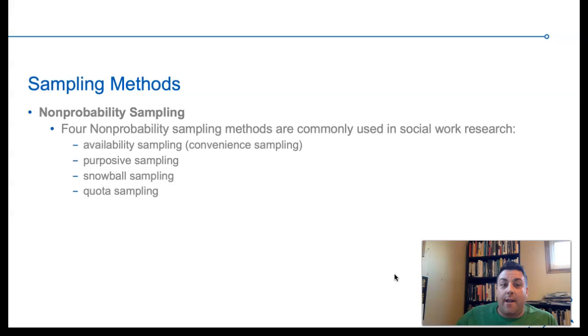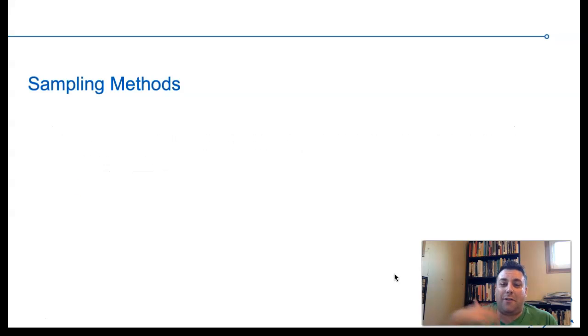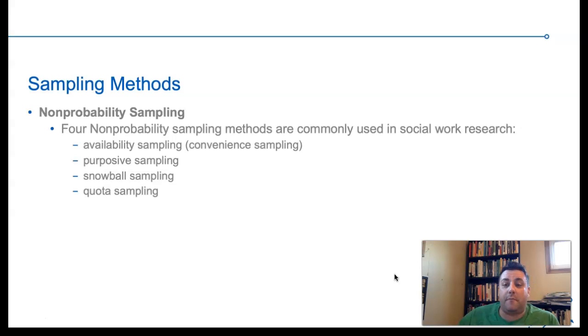So non-probability sampling is that other big category of sampling methods. Now, we like probability sampling methods, but it's very hard to do. It requires some technical proficiency, some knowledge of probability, and you actually have to have access to quite a large population of people from which you can draw.